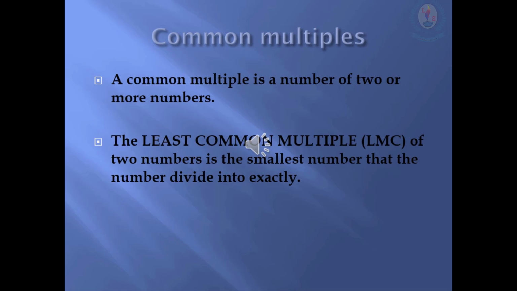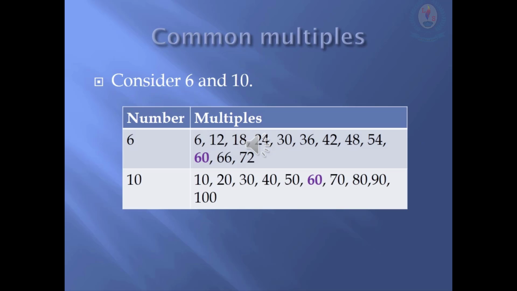Common multiples. A common multiple is a number that is a multiple of two or more numbers. The least common multiple, LCM, of two numbers is the smallest number that both numbers divide into exactly. Now we are going to find common multiples.